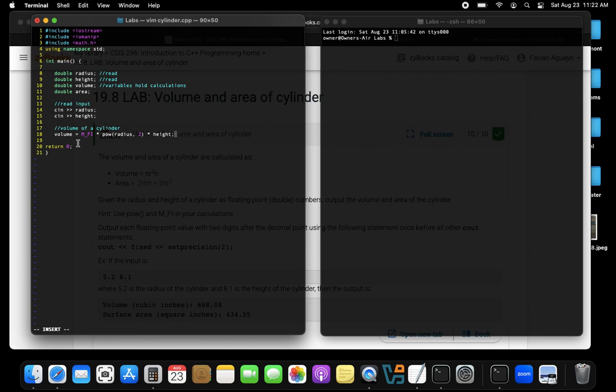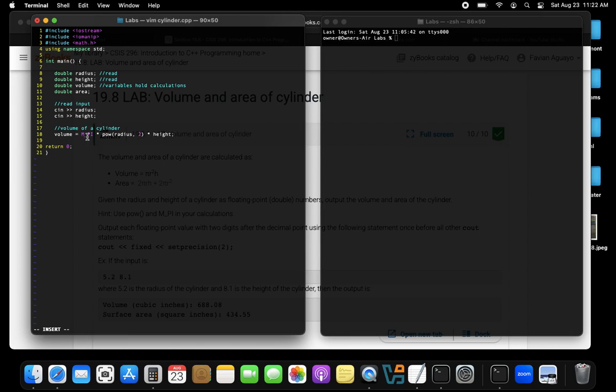Okay, so let me explain this. So volume is our variable that's going to hold the calculations. So pi, and this is how you do exponents in C++. Alright, so pi and power, these both come from the math.h include. You have to include this in order to use these.